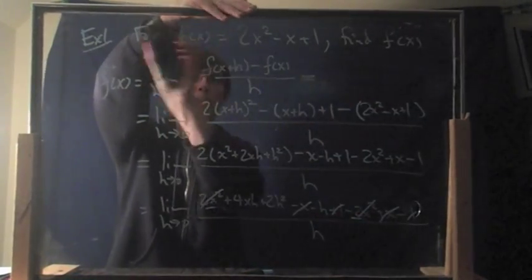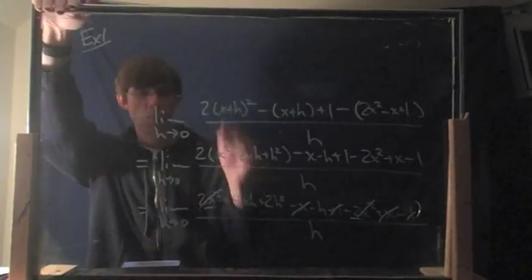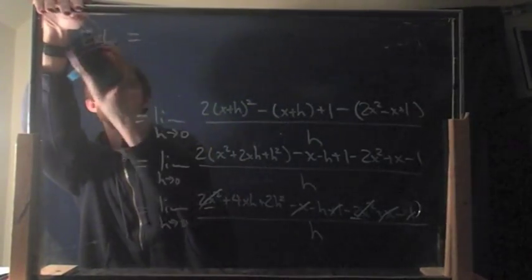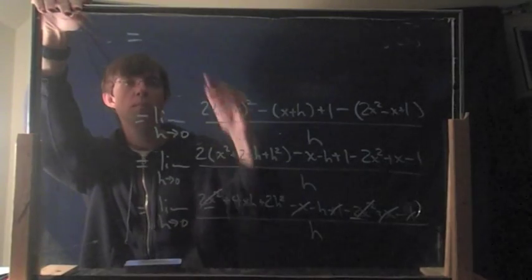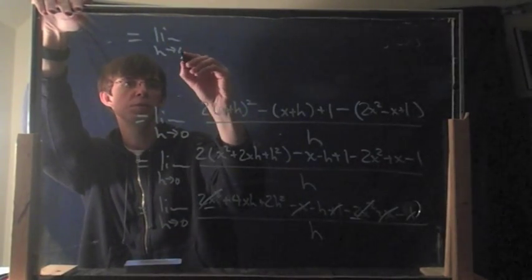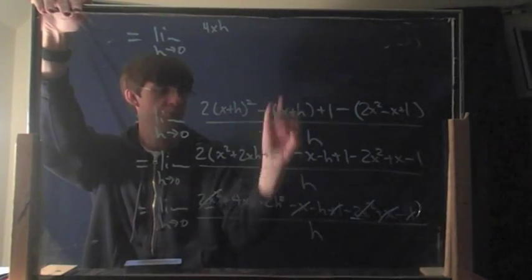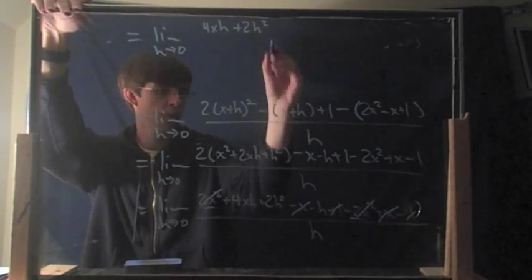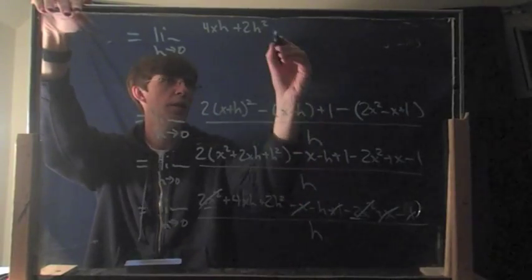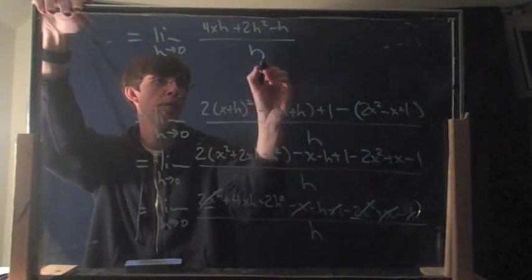What's left over is limit h goes to 0 of 4xh plus 2h squared minus h, and that's it, over h.